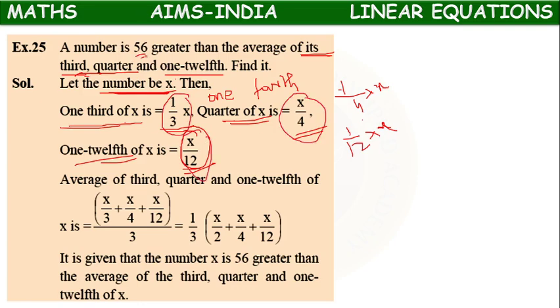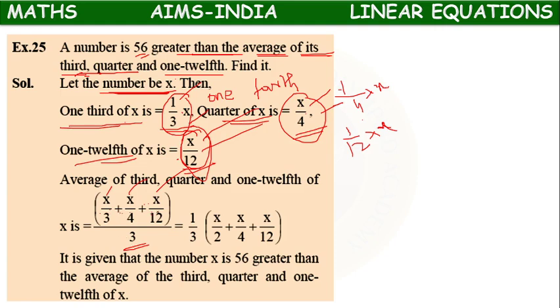So the number is 56 greater than the average. We have to take the average of these three values: x by 3 plus x by 4 plus x by 12. Average means the sum of the terms divided by the number of terms. We have 3 terms, so the sum is divided by 3.